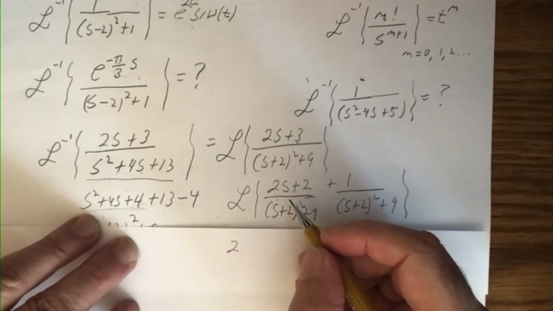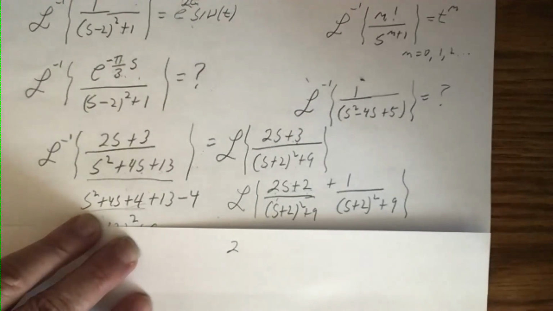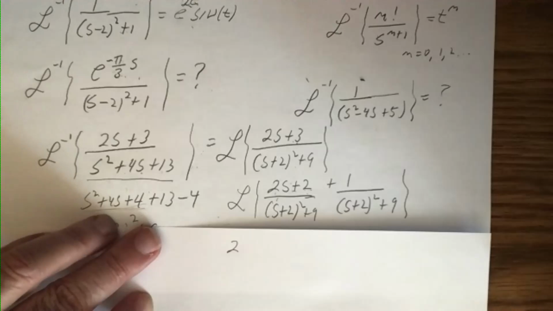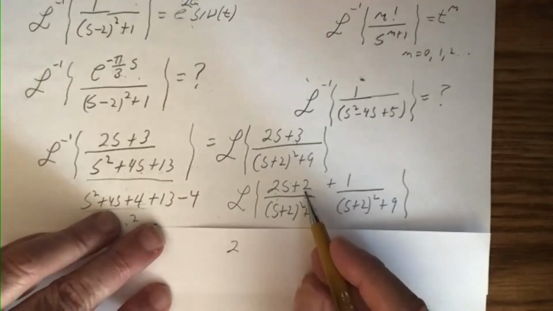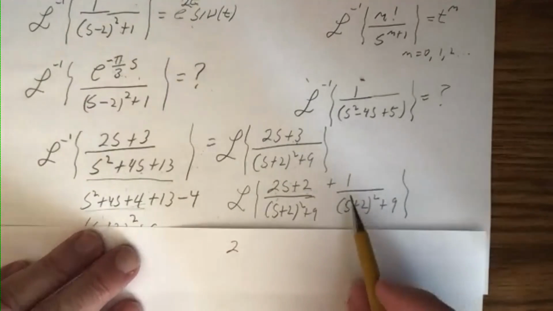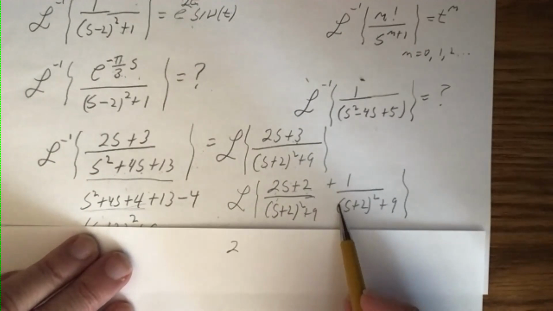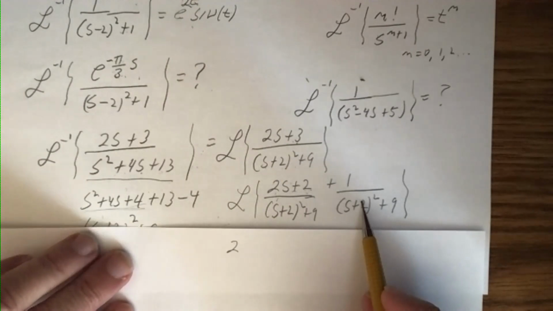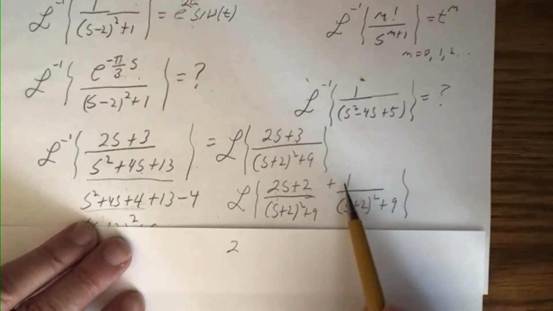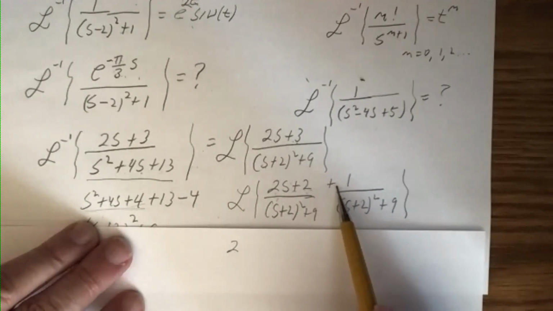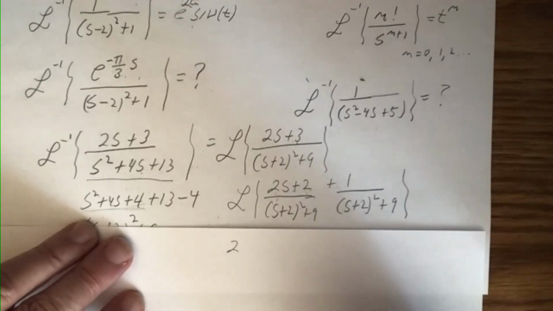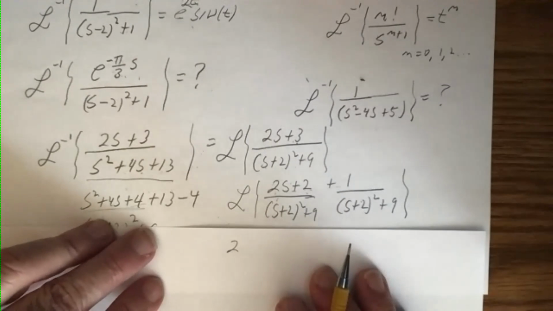How the heck? This is 3. I added the 3 here. I'm looking at my notes. I think my notes are wrong.